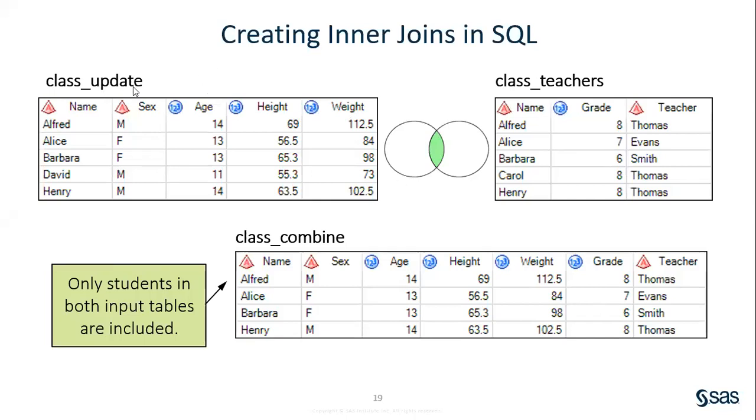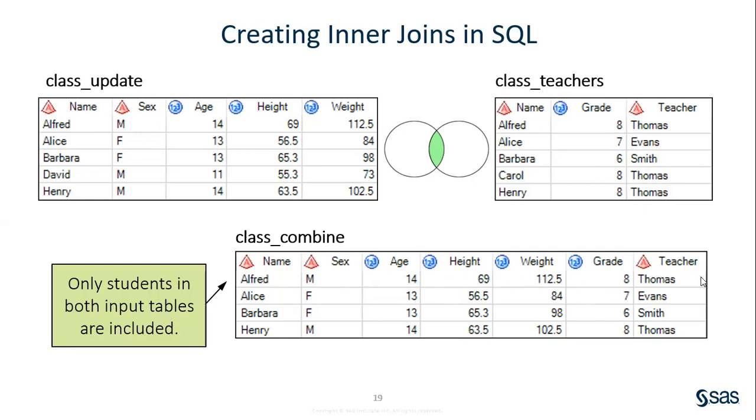Now look here. You have data called class update and class teachers. You want to combine the information depending on the student's name, getting their grades and teachers too. The common students' names from both tables should align into an output where the same-name student has the grades and teachers in a new table, with the common rows from both data sets aligning as a single row.